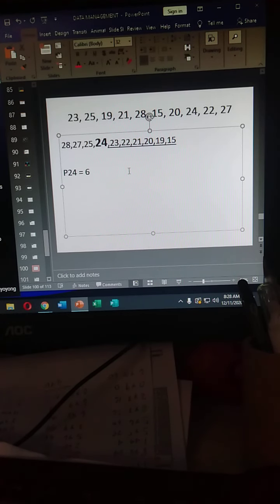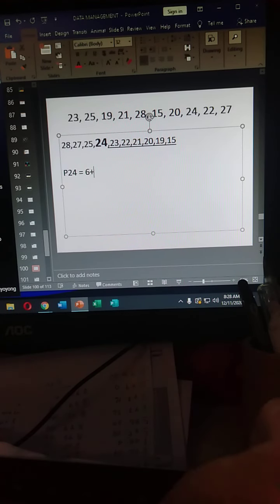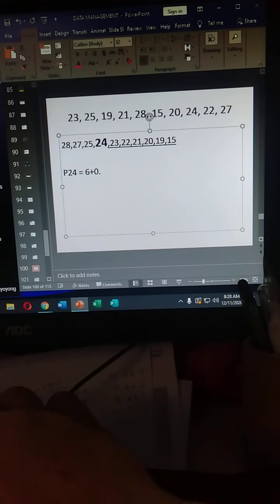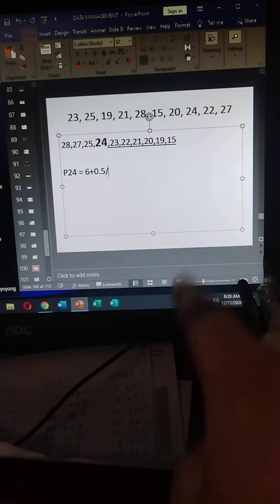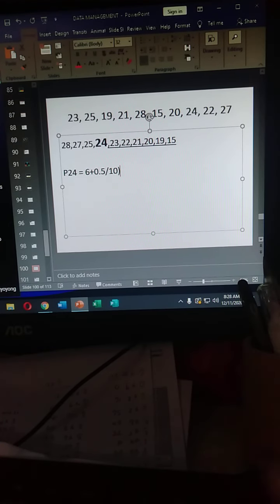So, 6 plus 0.5, which is constant yan, all over, ilan yung data natin? We have 10. Close and open. Multiplied by 100, kasi we are dealing with percentile.